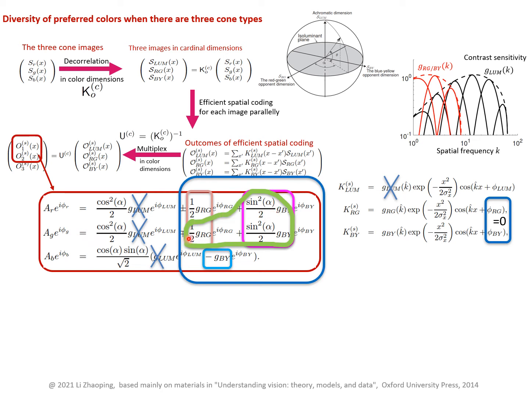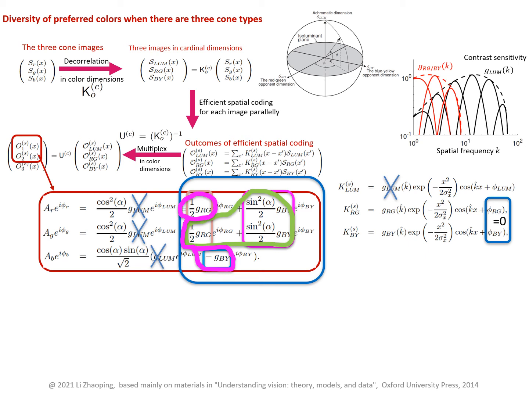So you can say this is green, yellowish, or lime color. Here, this term and that term both share the other sign, negative. And so red and blue together, it's magenta. And so this neuron, O2, should exhibit an opponency between lime and magenta.